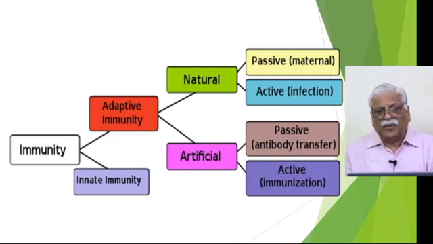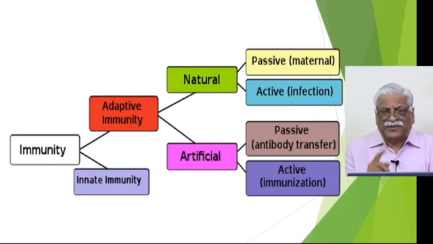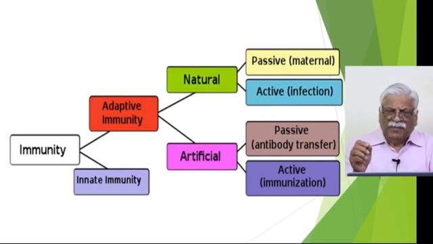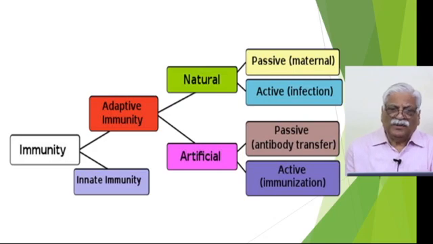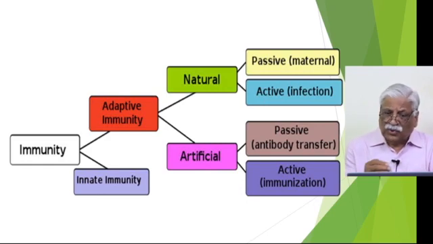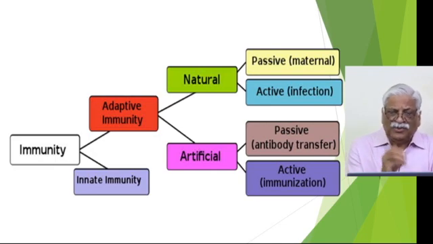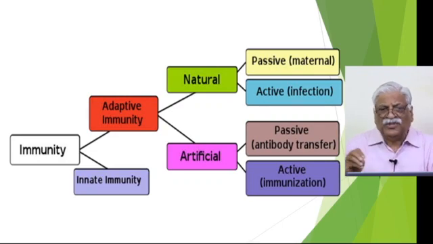Well, here I have written in the first case natural, passive and maternal. We have to understand this. Maternal means when the child is in the womb of the mother. In that case, it is connected with the mother, so it is receiving its feed through the blood of the mother, which is reaching the child. Along with this blood, the antibodies present in the mother, especially IgA, reach this child.